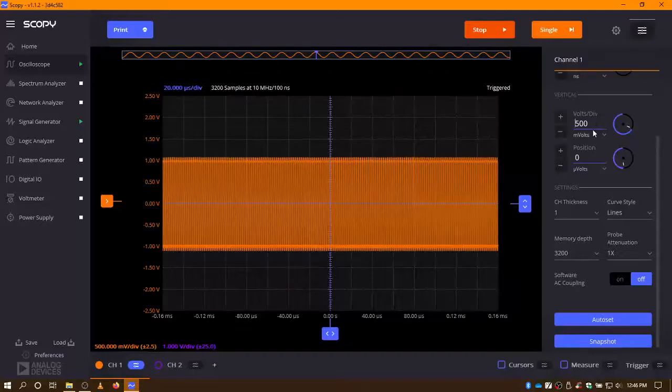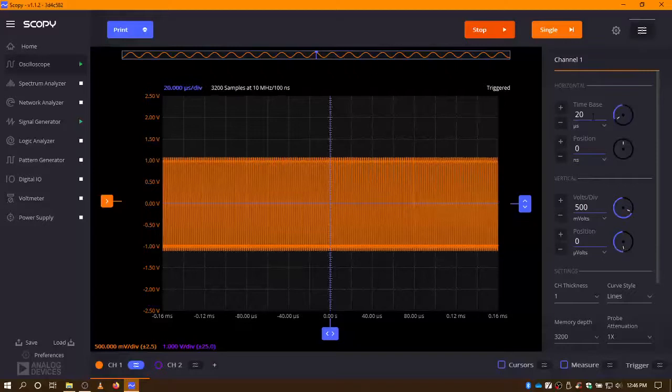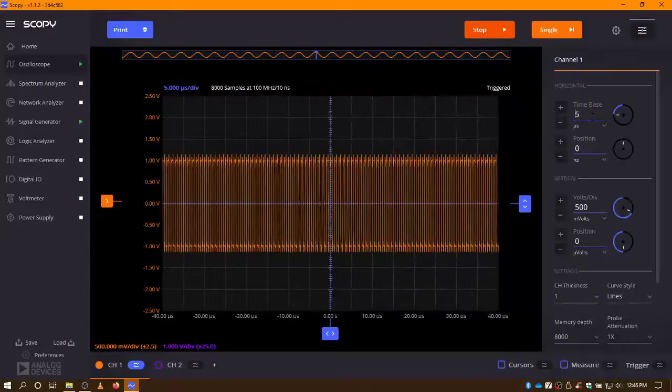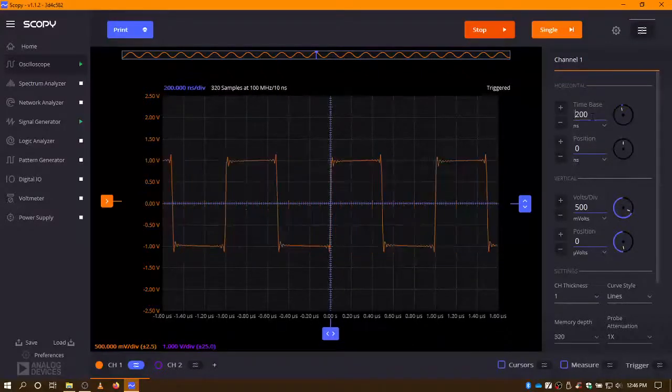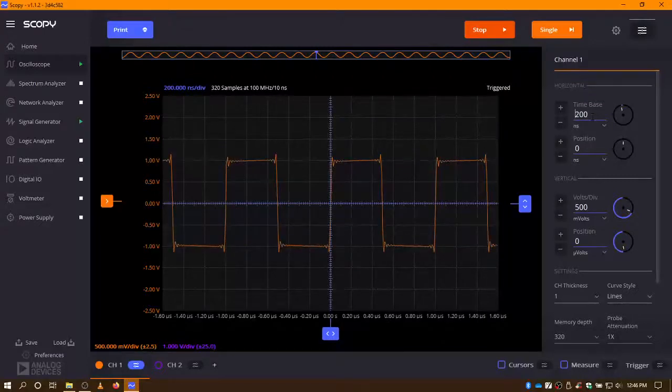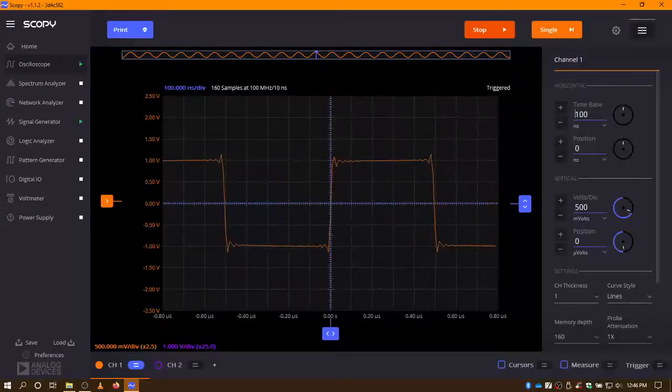Adjust it again to about 500 millivolts per division. And of course now I'm generating a 1 megahertz square wave, so I'll have to adjust the time base down. And now you start noticing some, 100 nanoseconds is the fastest time base I have.